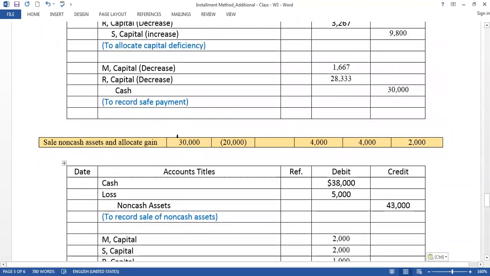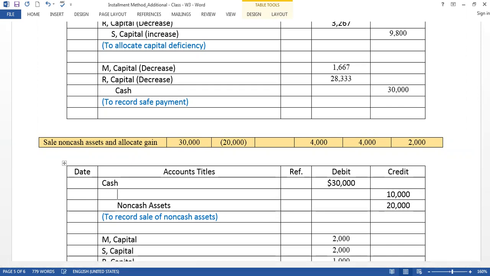The question said that we sell our asset for $20,000, but we receive cash of $30,000. So debit and credit are not equal. The difference is $10,000. We put it on the credit side, and this is good news. This is our gain.